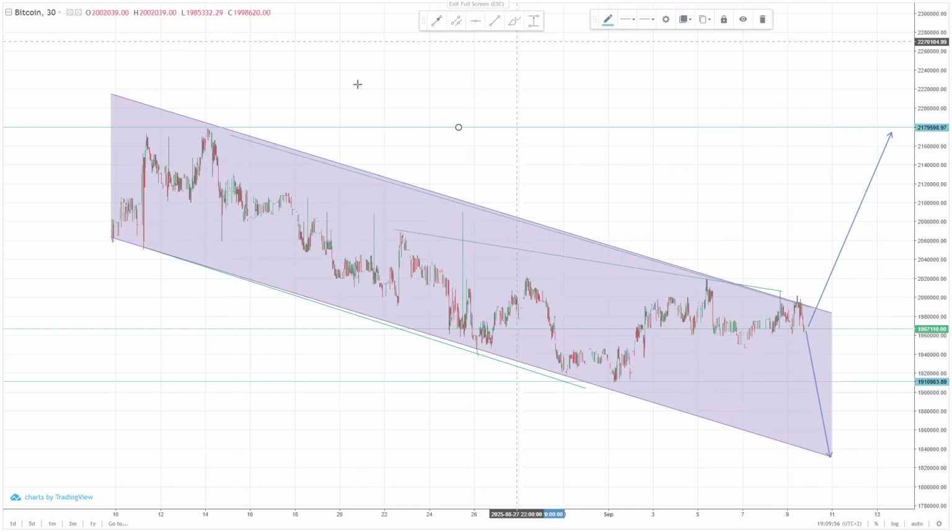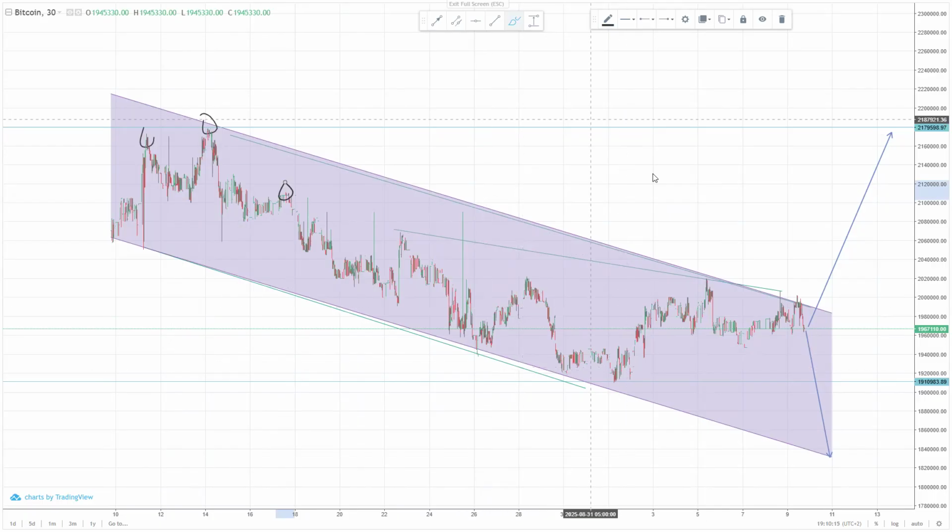And as we'll learn in other lessons, we got a head and shoulders over there. There's the head, there's the shoulder, there's the shoulder. So head and shoulders means a downward trend. So are we seeing more head and shoulders happening over here? Possibly. But that was our first tool.